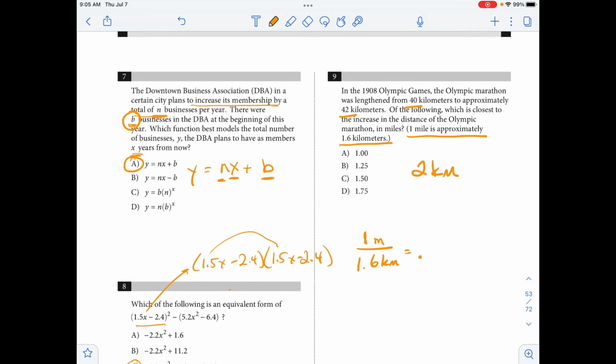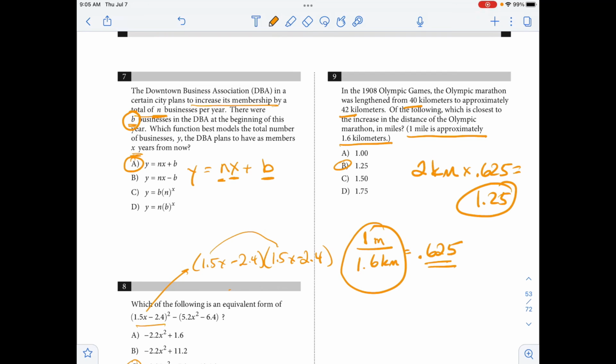And when you divide this, you get 0.625. That says for every 1 kilometer is 0.625 miles. So then you multiply this by 2, and you get 1.25, which is that one. So it gives us miles to kilometers, we have to switch it around from kilometers to miles. So we can divide the two, and that gives us our conversion.